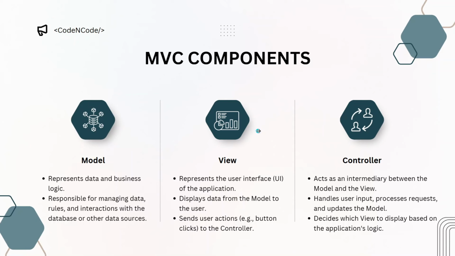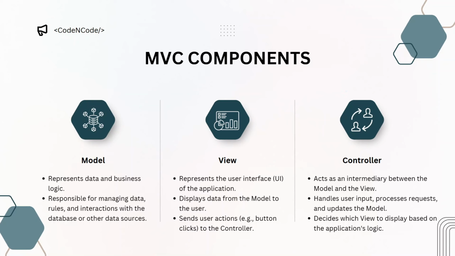View is what the user sees, basically the user interface. And then we have the controller, which does the job of intermediary between view and model so that we get the flexibility of building model and view independent of each other, right? So you can make changes in the model without any code changes required in the view section. So it basically supports flexibility.